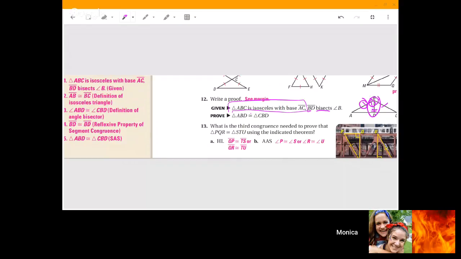Okay, yeah, so that's enough to say that triangle ABD is congruent to triangle CBD because of side, angle, side. And it's side, angle, side because the angle is included between those two sides. Does that make sense, Ethan?